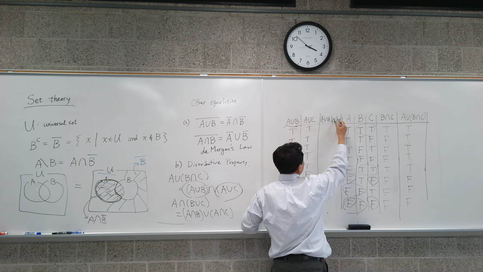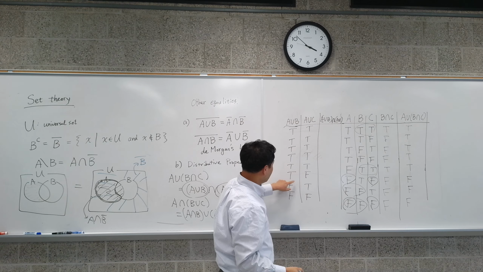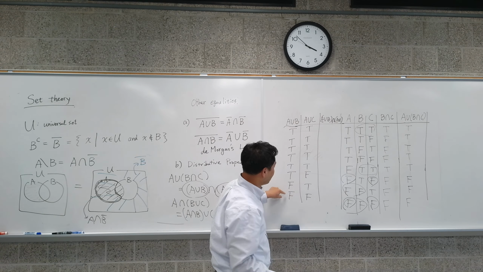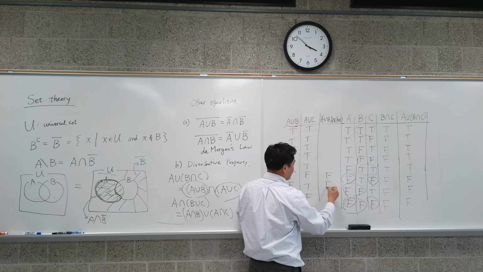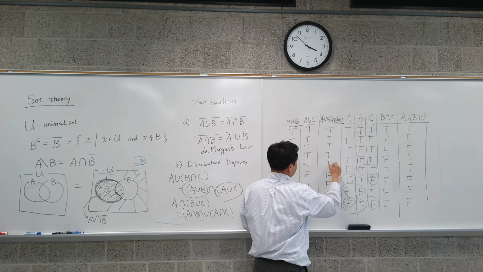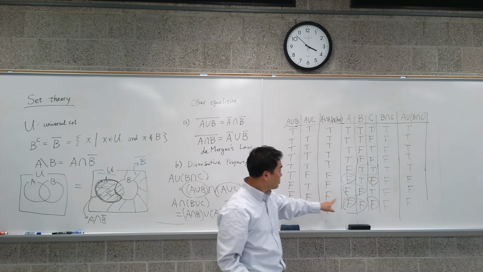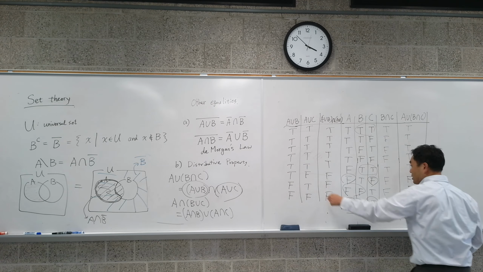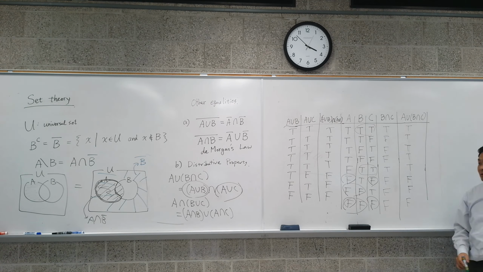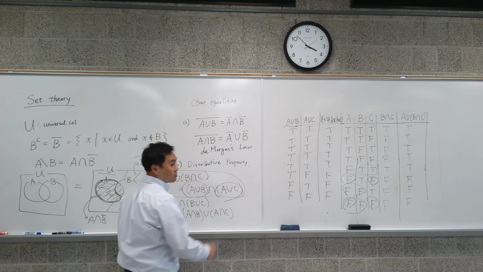And because we have intersections, you only get true if both are true. If any one of these is false, it's false. So these three are false, and all of these are true. And now you compare this one with this, you get the exact same truth tables, and that's how you can prove that these two things are the same, okay?